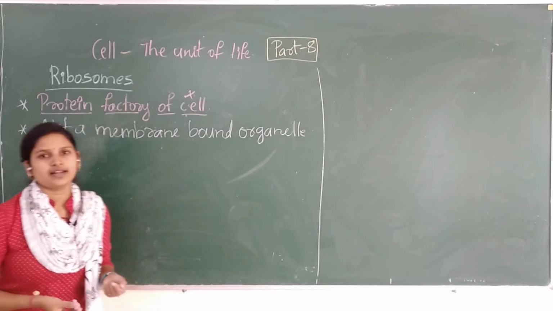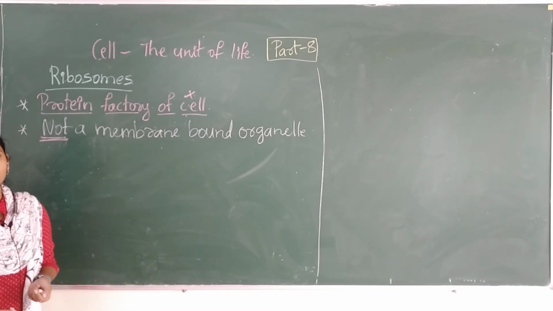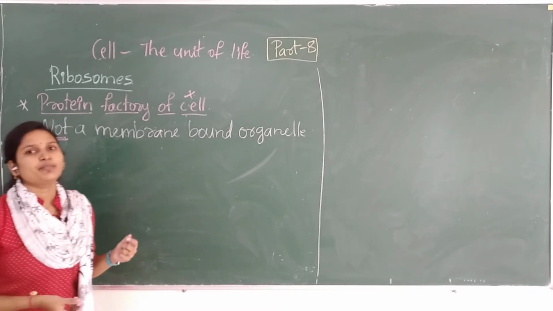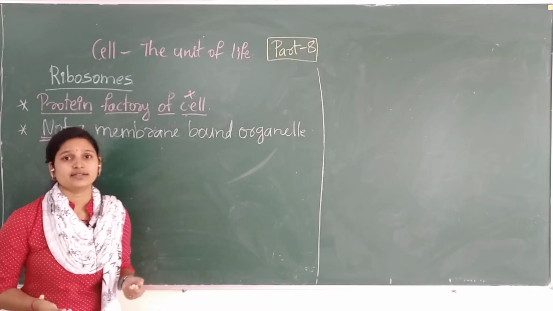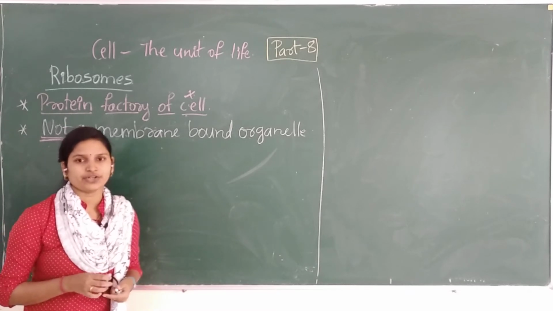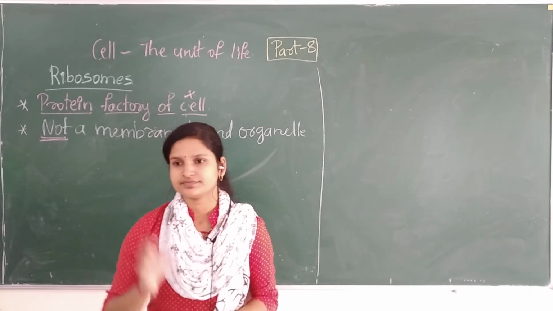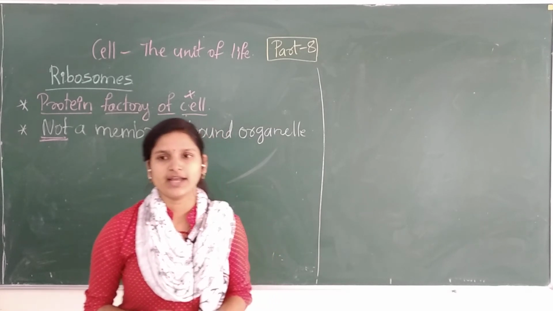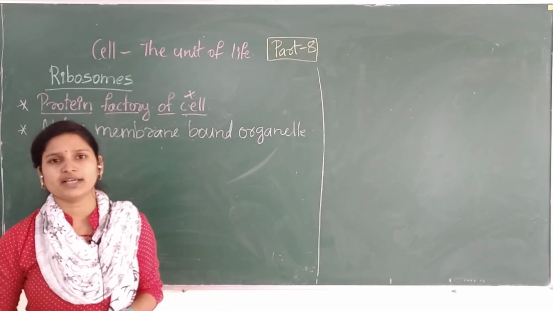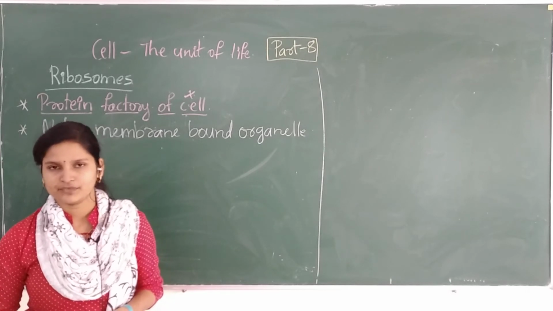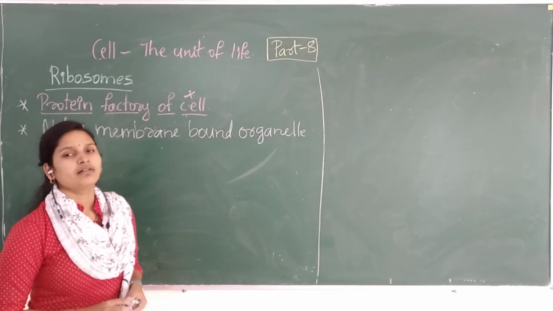Mainly for the production of proteins. What about smooth endoplasmic reticulum? Do we find ribosomes or not? And what is the function of smooth endoplasmic reticulum? Very good, to produce the lipids.